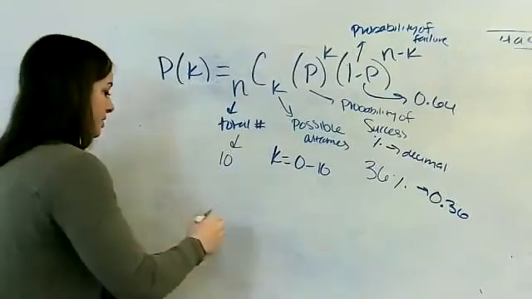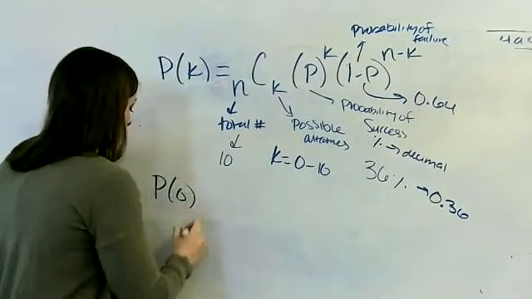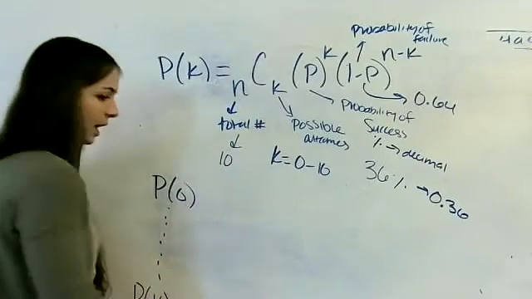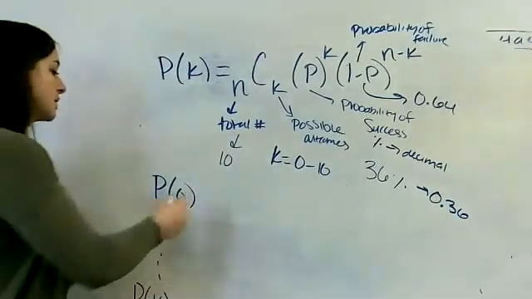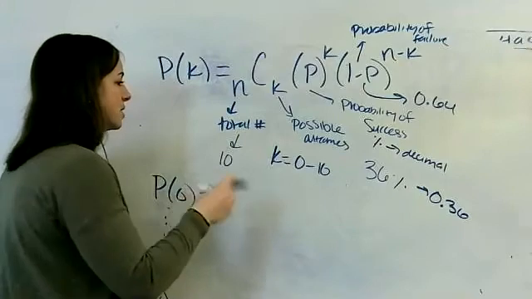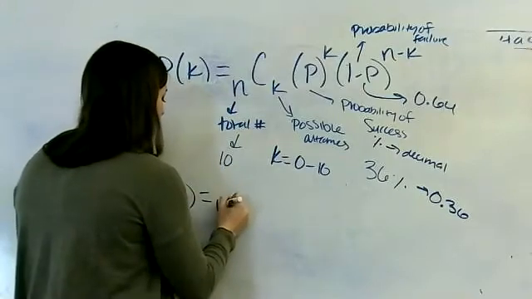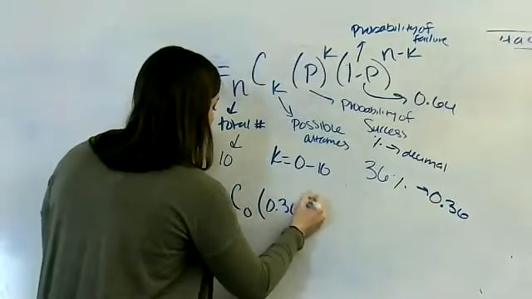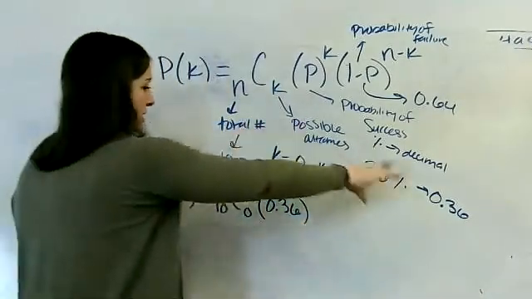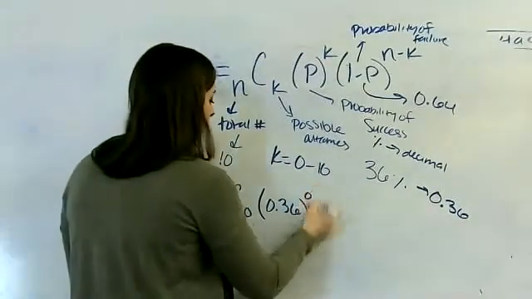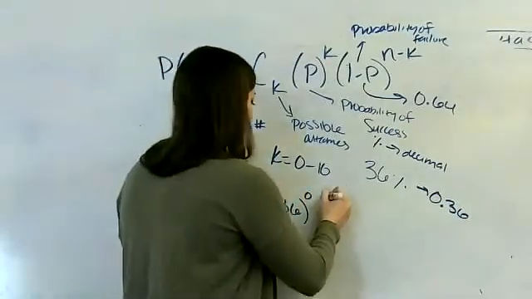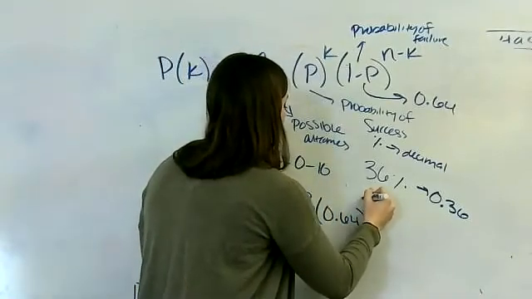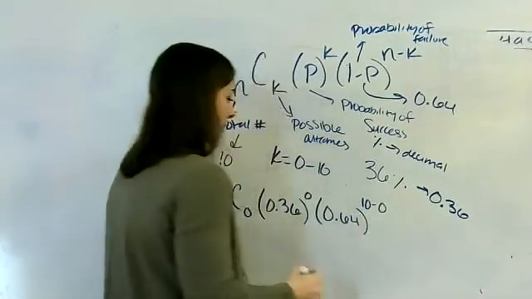Okay, 11 total probabilities. You have to do P of 0 all the way down to P of 10. Setting up P of 0, I'm substituting in 0 for K. So I would have 10 choose 0 times 0.36, putting all these numbers from what we just explained, to the 0 power, because I'm replacing K with 0, times 0.64 to the 10 minus 0.